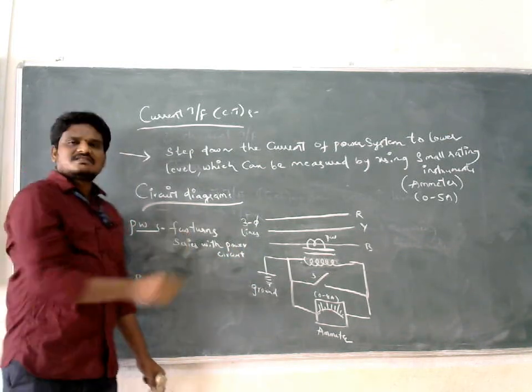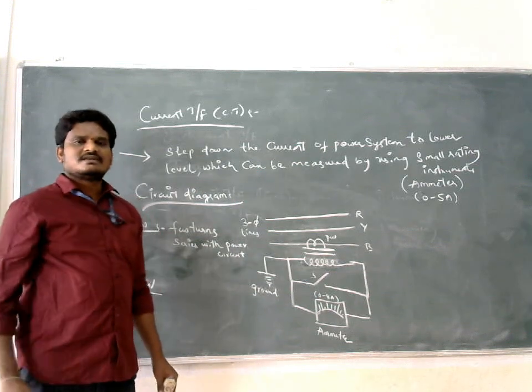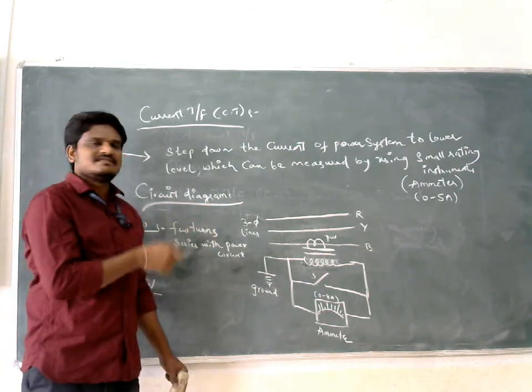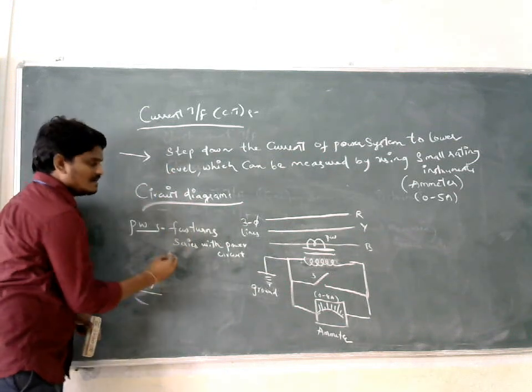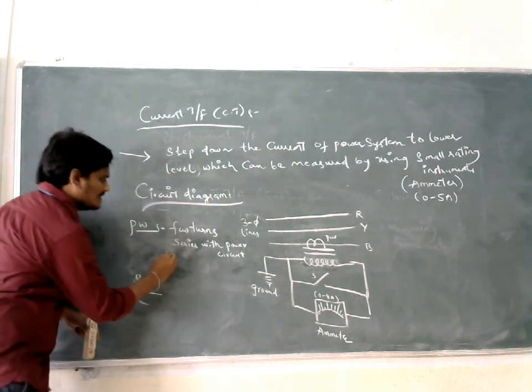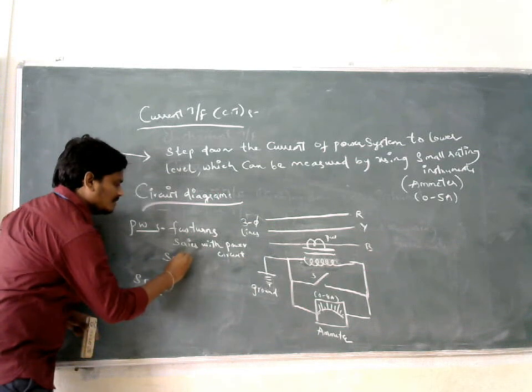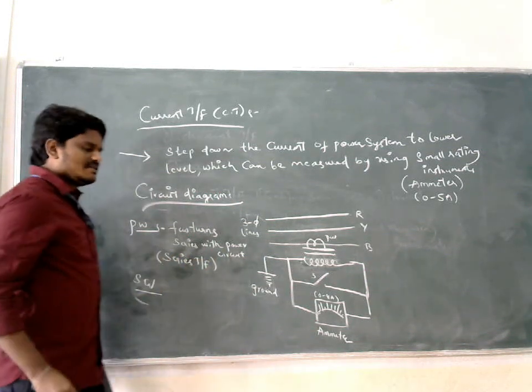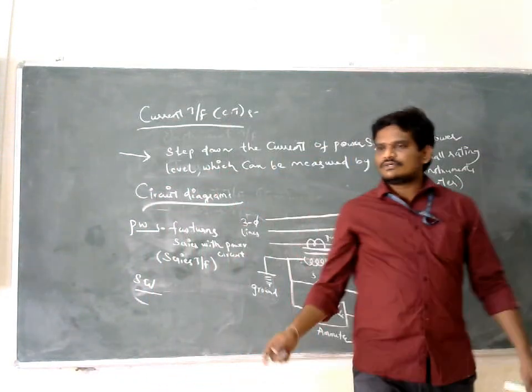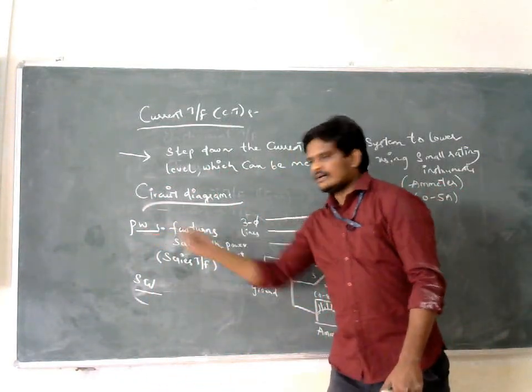As it consists of only few number of turns and it is directly connected in series with the power circuit, this current transformer sometimes can also be called as a series transformer. Sometimes can also be called as what? Series transformer. I am going to give the explanation of a primary winding again.